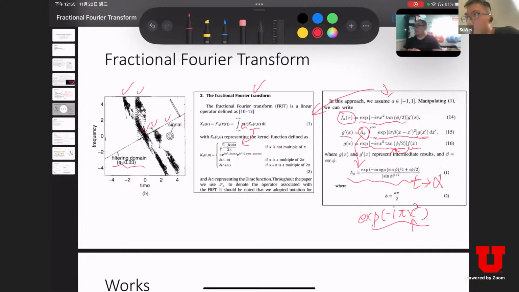Yep. Where is alpha? Or is alpha phi? Phi equals alpha times pi over 2, equal to how many 90 degrees you have. So A is a continuous number. Okay. It's the sign of sine phi, just the sign, positive or negative.